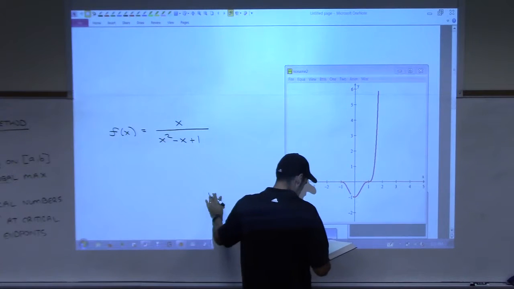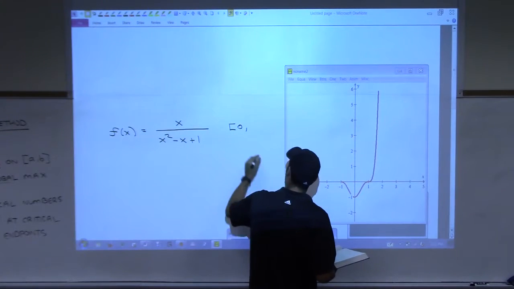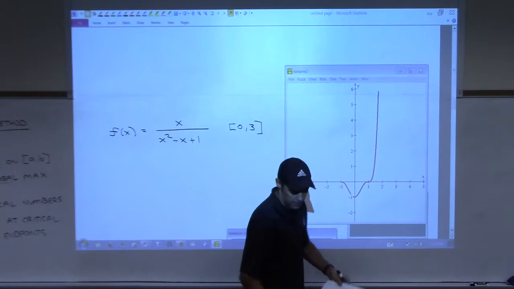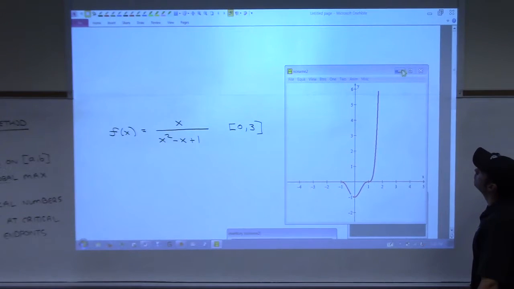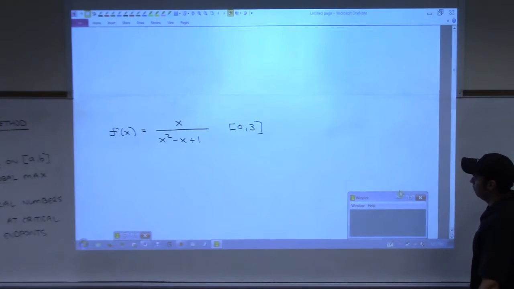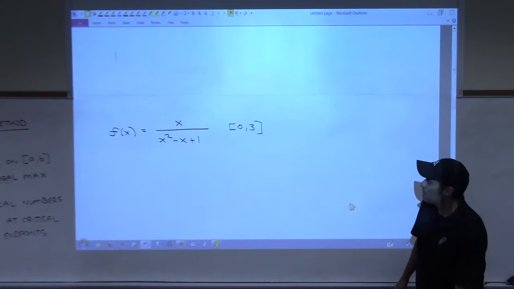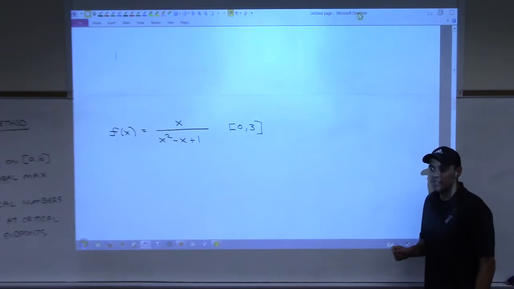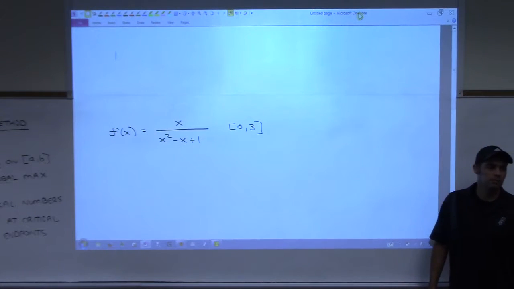All right. Which number is it? This is 44. Rational function, right? Is this a continuous function on this closed interval?